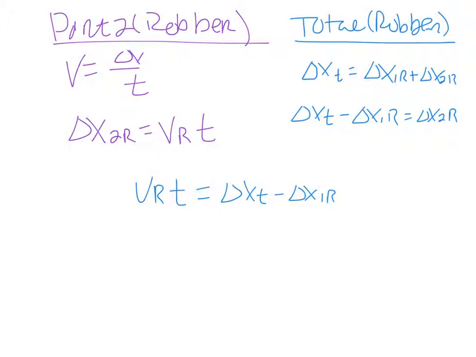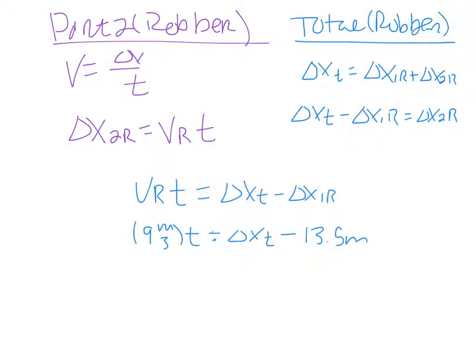We know what that number is. We know what VR is, so let's put those numbers in. 9 meters per second t equals delta x total minus 13.5 meters.